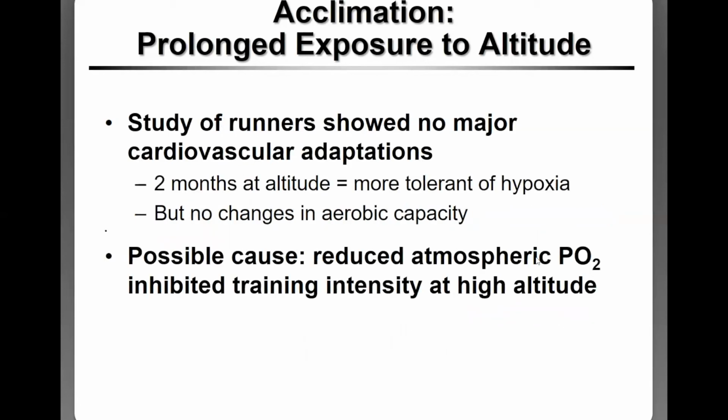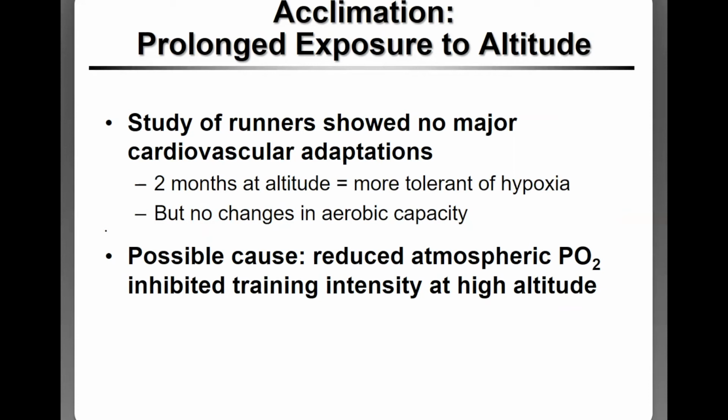So there was a study that used runners that showed there are no major cardiovascular adaptations after 2 months of altitude. Although they would be more tolerant to the hypoxic conditions, and they would have had the increased red blood cell count, the increased hematocrit and hemoglobin, there are no positive benefits on the heart itself.